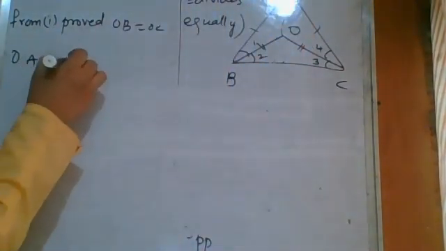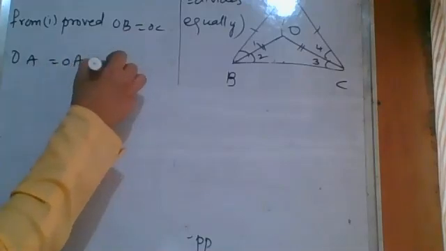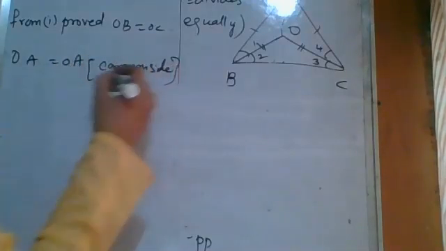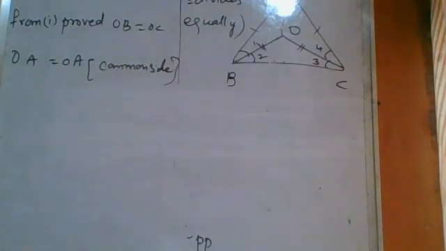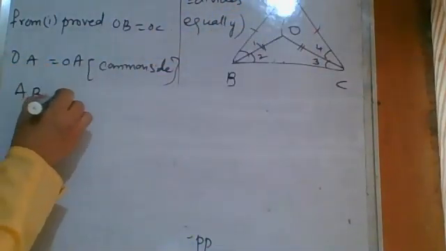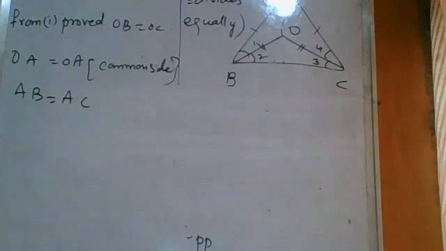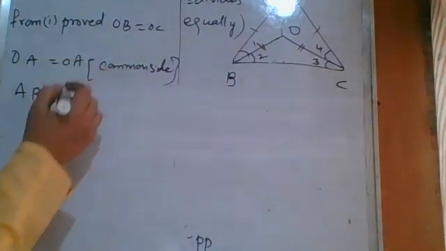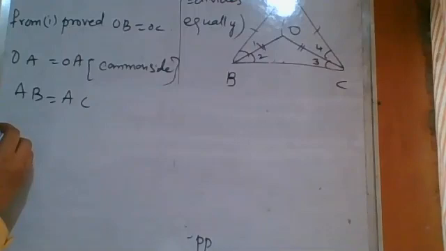OA is equal to OA, which is common for both. Is it clear? What is given? AB is equal to AC. So we got three sides. By SSS property, we can say.